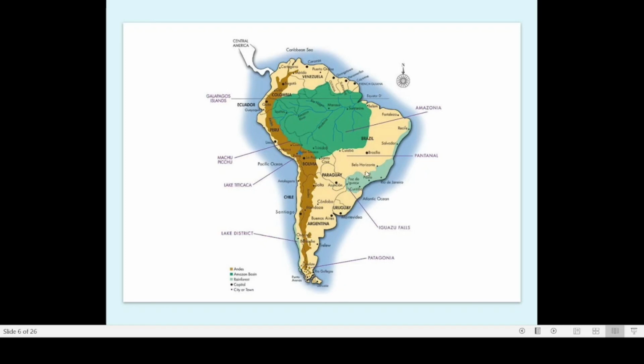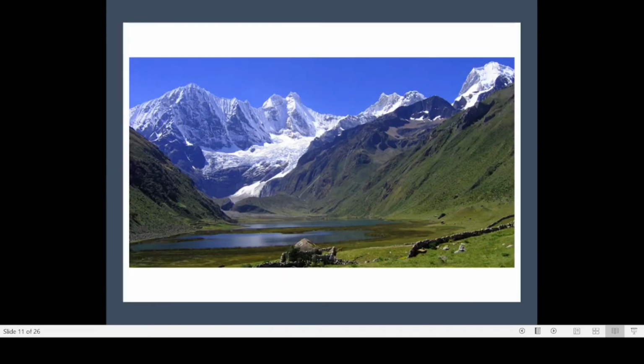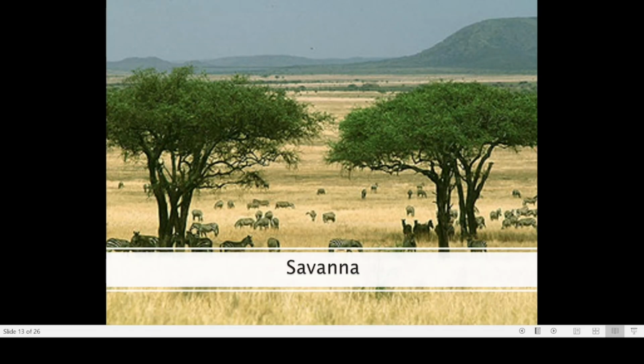Then the southern portion of Brazil. These are the three major countries where we can find a large number of grasslands, and these grasslands of South America are known by the name savanna. If you look at a savanna, it is like this. There will be a large stretch of grassland with some occasional trees like this. There will be only a few trees. That is the nature of a grassland.